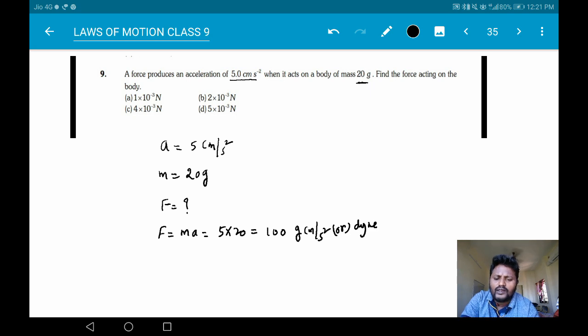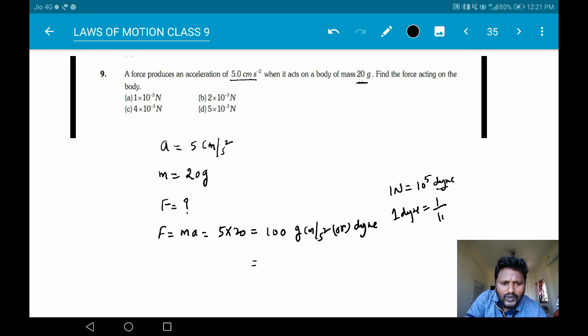I told you that already, the relation between Newton and dyne: 1 Newton equals 10 to the power of 5 dyne. But our options are given in Newton, so we should convert this dyne into Newton. Therefore 1 dyne equals 1 by 10 to the power of 5 Newton, or 10 to the power of minus 5 Newton.